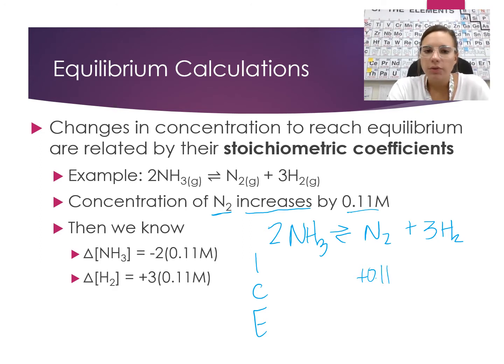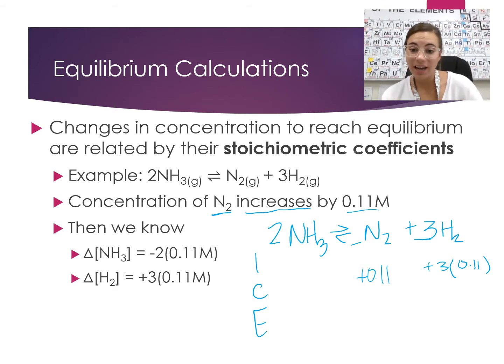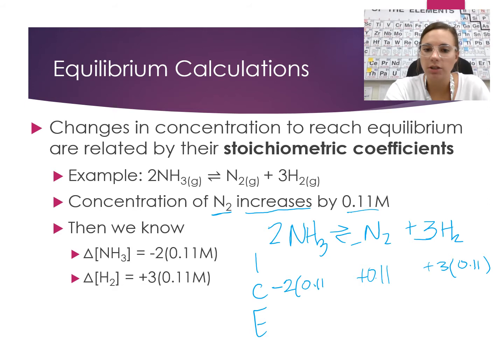Okay, so then if I am adding N2, which is a product, then I'm also going to be adding H2. And I'm going to be adding 3 times the amount that I added of N2 because of the coefficients 1 and 3. Now, if I'm creating product, then I'm losing reactant. And so over here, it's going to be a minus sign, and then it's going to be 2 times the change.